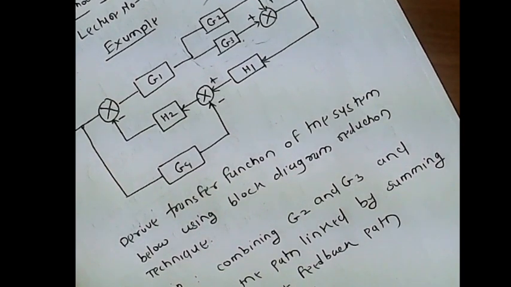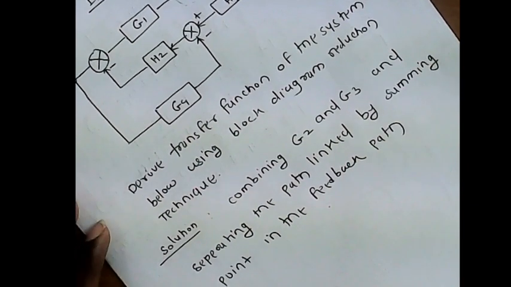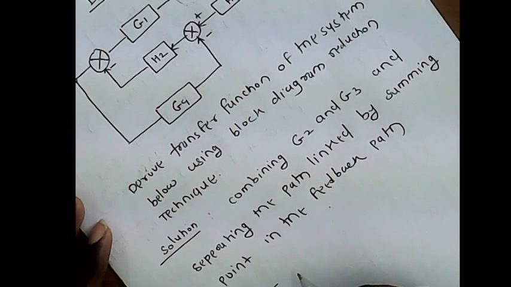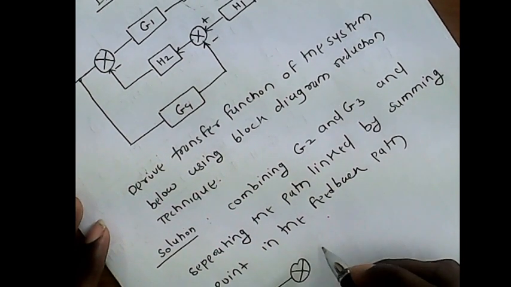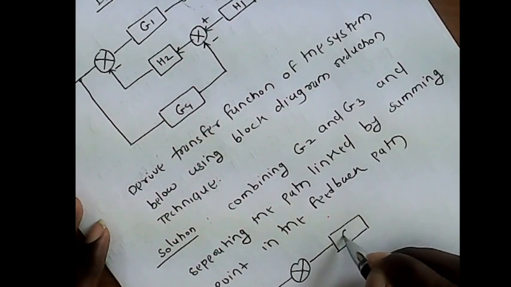So we can write down again this block diagram. R(s), that is the input, summing point, G1.